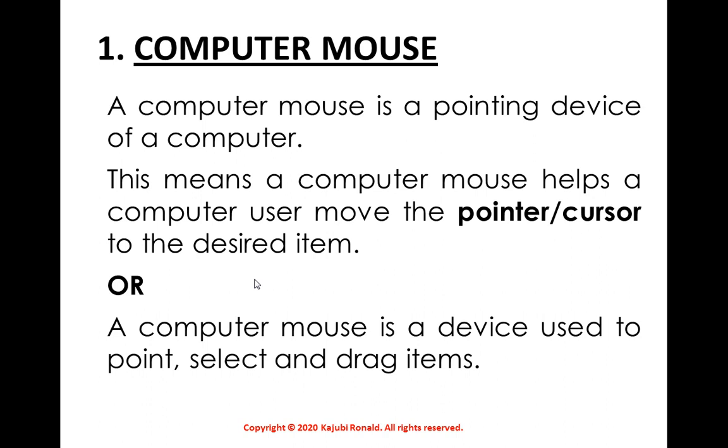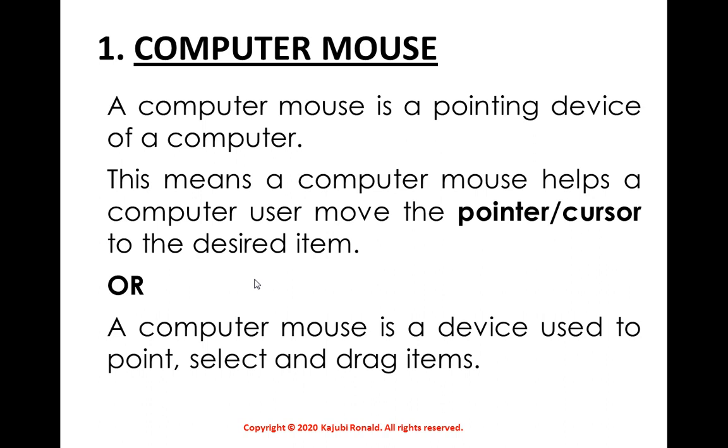A computer mouse is a pointing device of a computer, meaning that a computer mouse helps a user like you to point on items of your choice. So that computer mouse will be helping you to move a pointer to a desired place or to a desired item, right?